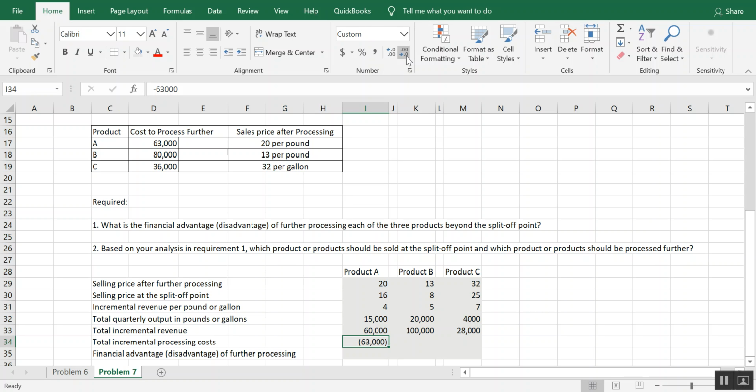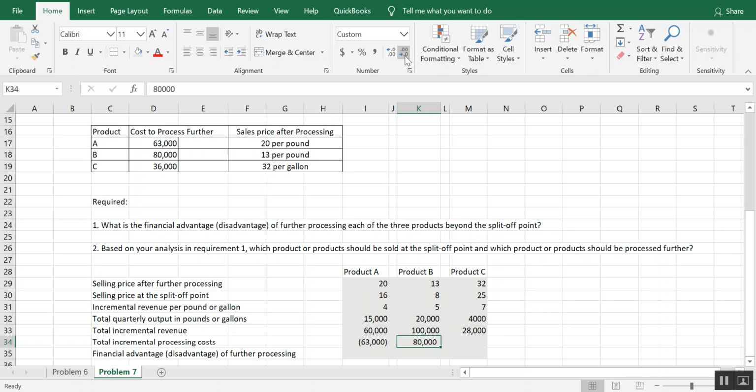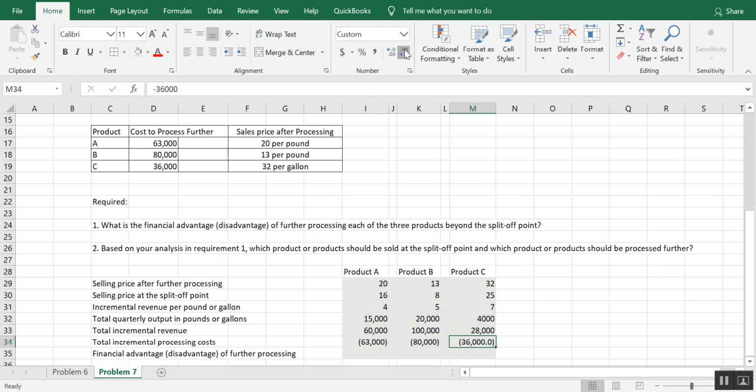And then we have $80,000 in cost for product B. Again, I want to do this as a negative number, simply because I want to show the advantage or disadvantage of processing further. And then for product C, we have $36,000 in additional processing right there.